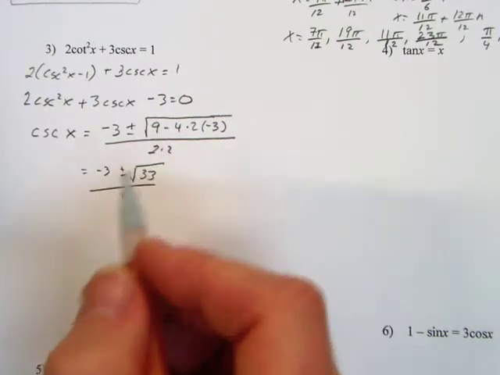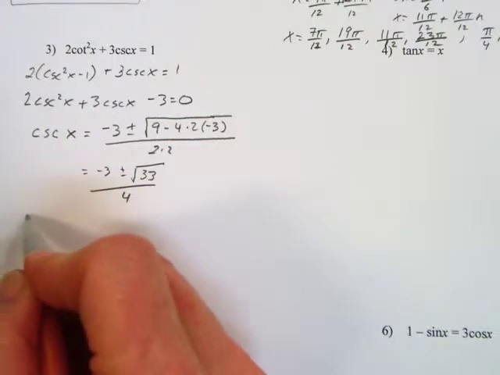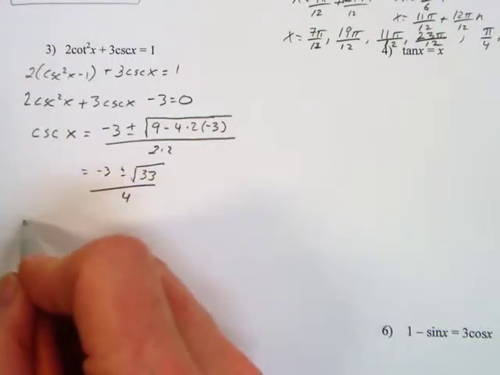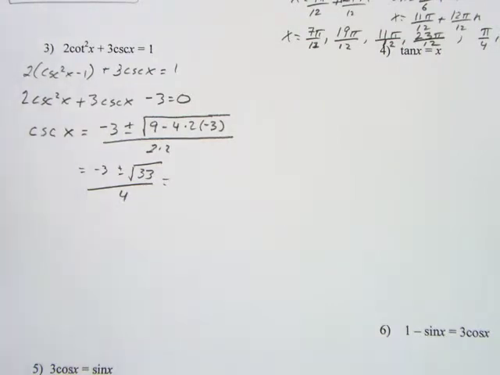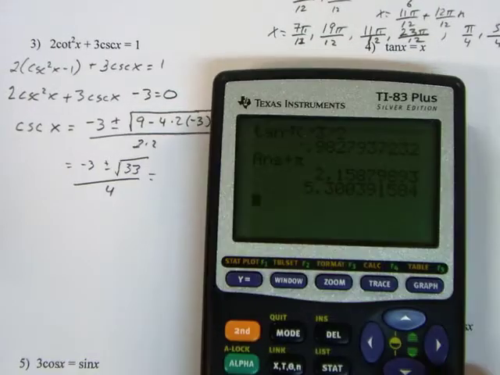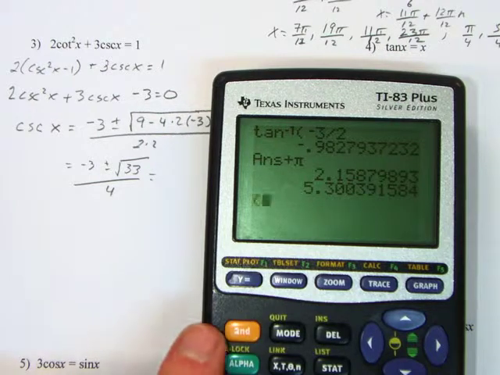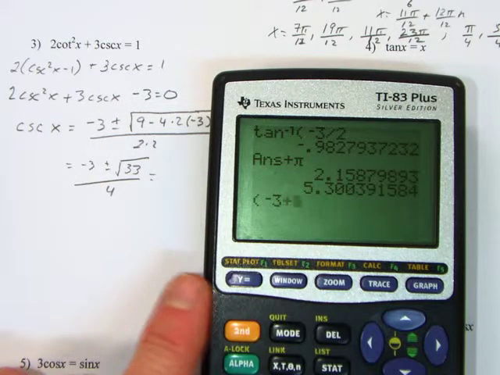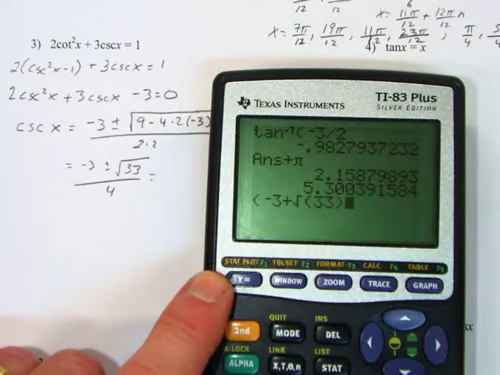So now we have 2 possible solutions here. We have cosecant x equals, and let's just take out our calculator and we can find out what these are approximately. So parenthesis negative 3 plus square root 33, close that, divide by 4.